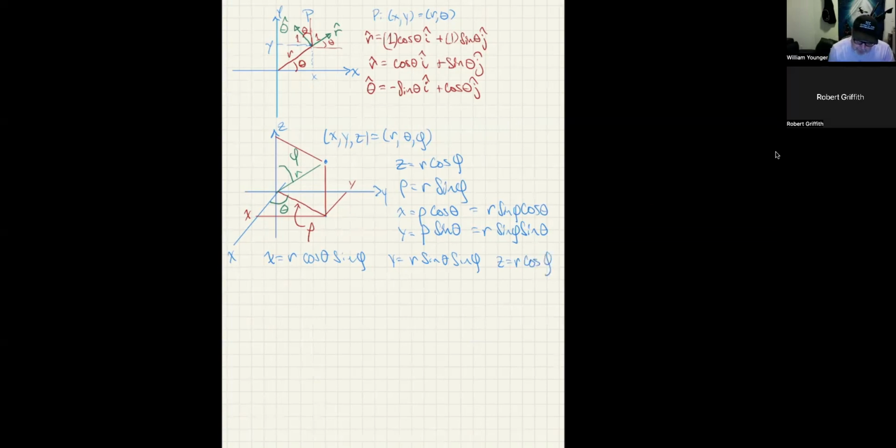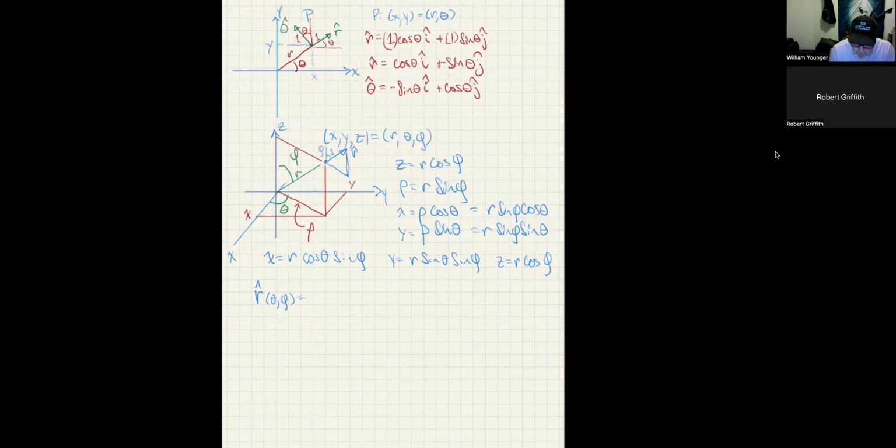So from that, we can see that the R hat vector, which actually is a function of theta and phi, is actually going to be this little guy right here. Since it's a hat, it is a unit vector. So this length is 1. This angle is phi.